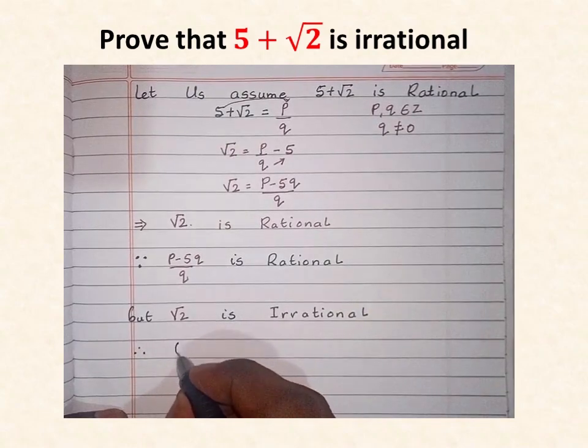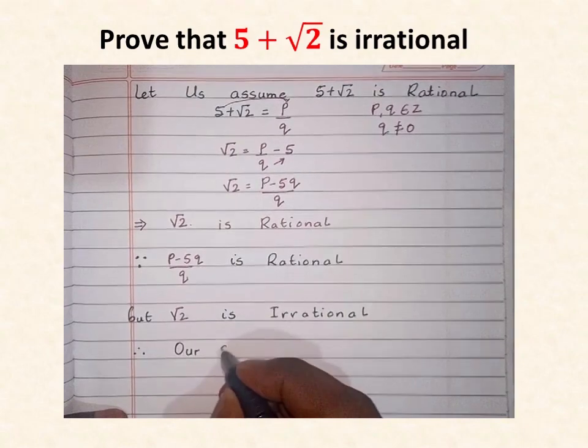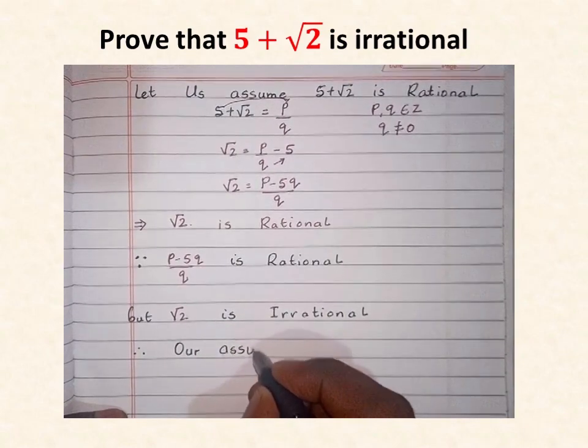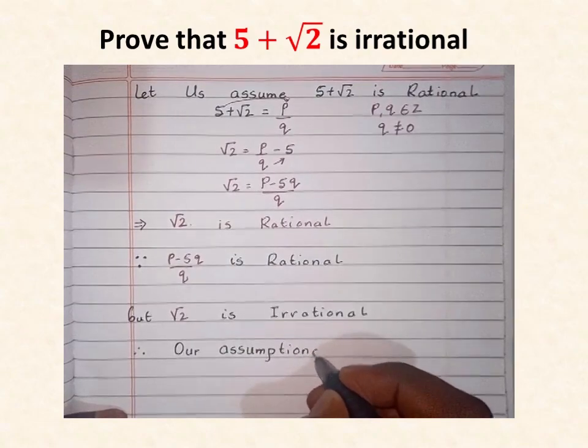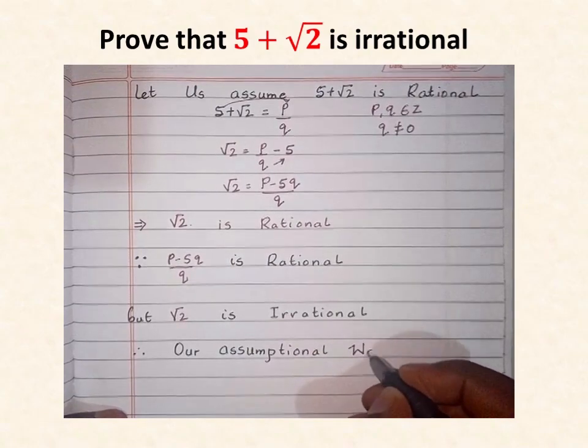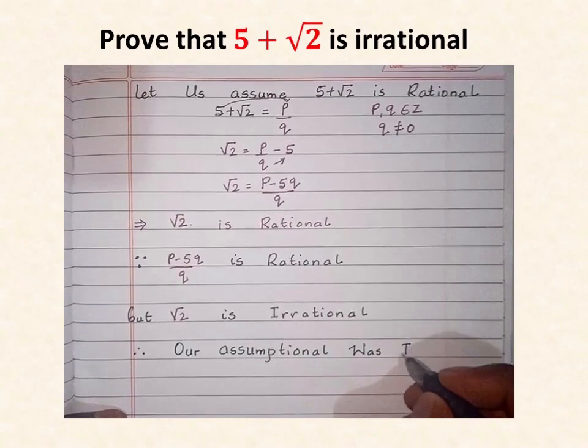Therefore, this leads to a contradiction because of our incorrect assumption. Therefore, 5 plus root 2 is irrational.